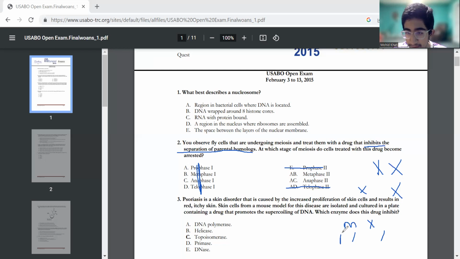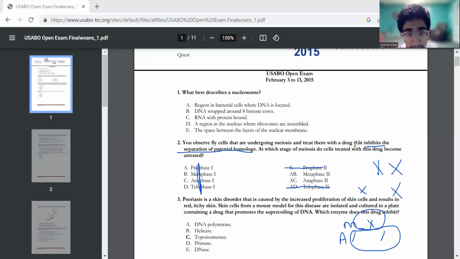So this would be anaphase. Wait, let me just draw that cell. This is a little bit weird. Where they got separated to the ends. But the answer would actually be metaphase, because that process of separation does start in metaphase.